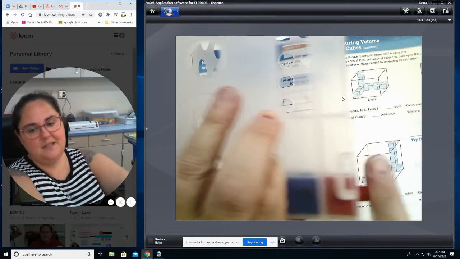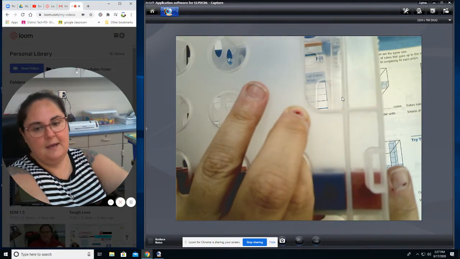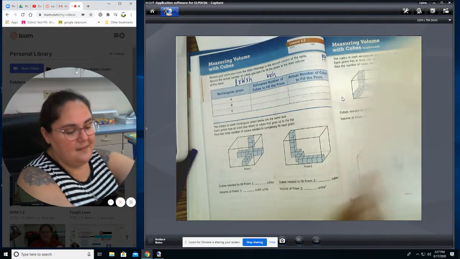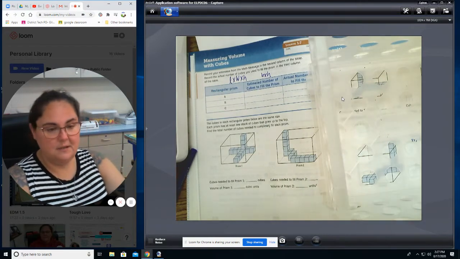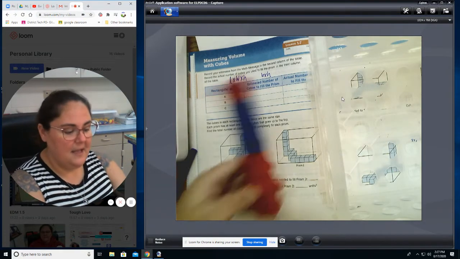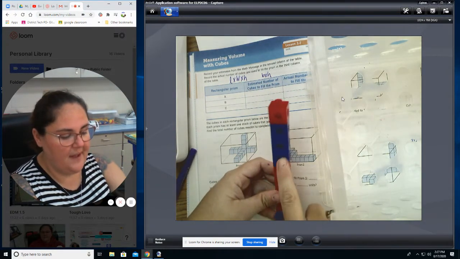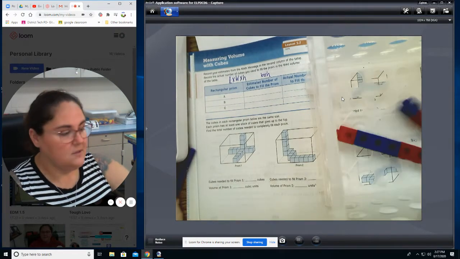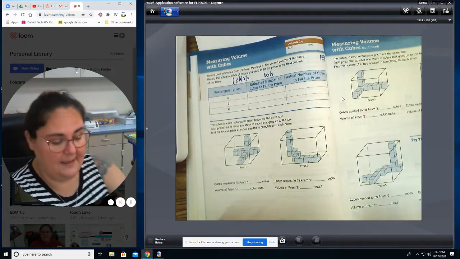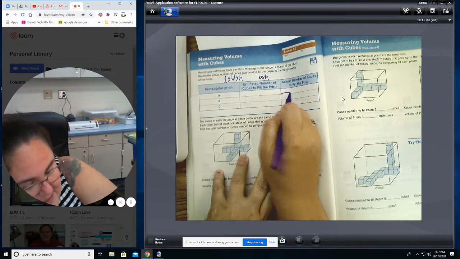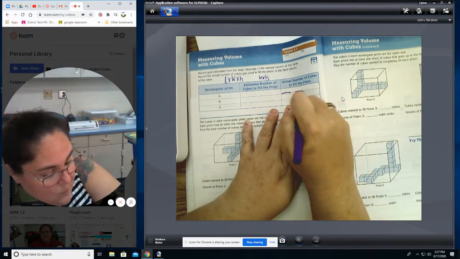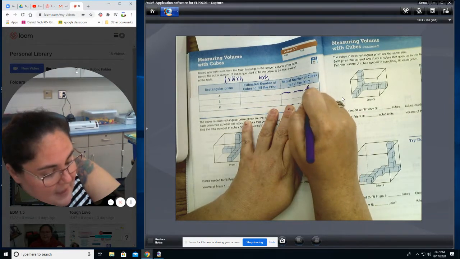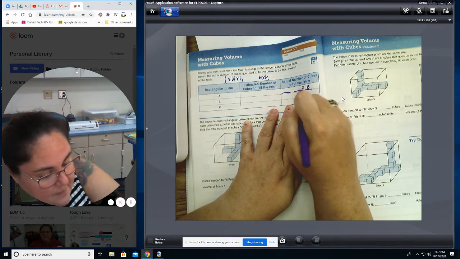So it stops at that red. That is my height. It is 1, 2, 3, 4, 5, 6, 7, 8. So on this little chart, I'm going to draw lines. I'm going to have a length, width, and height. So my height is going to be 8.